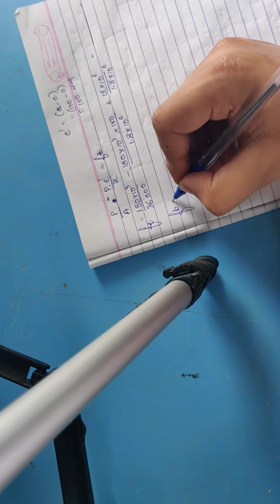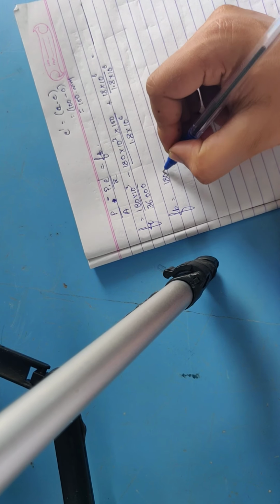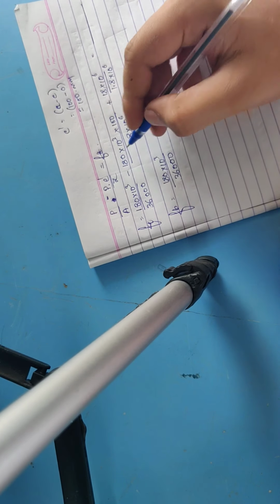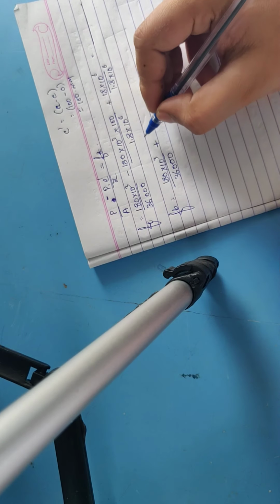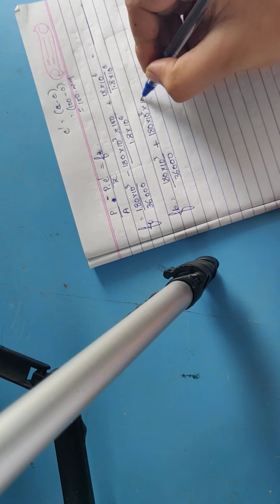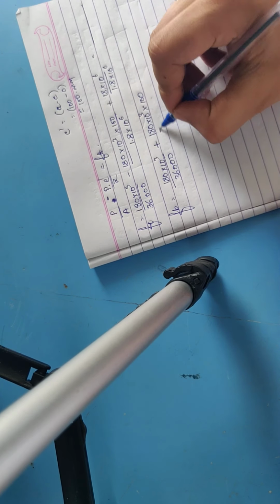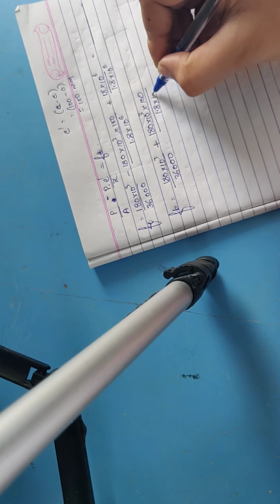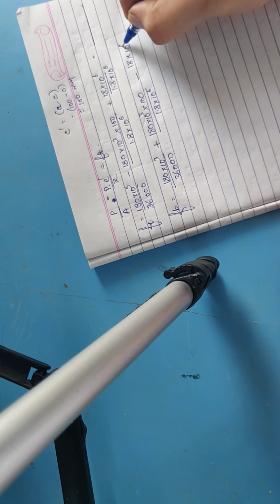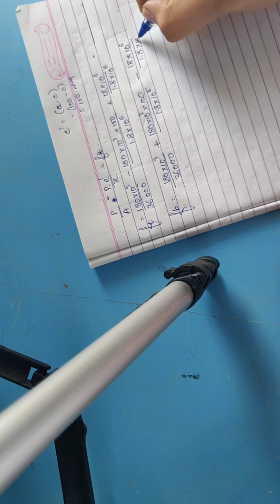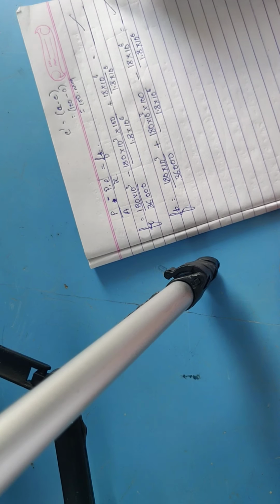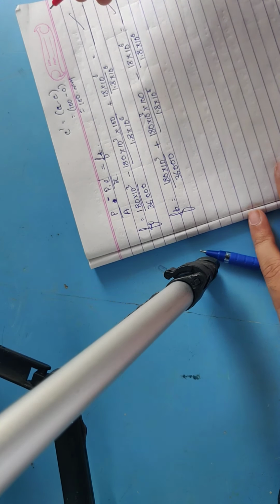For FB it is P upon A, where P value is 180 kilonewton, substitute the value of A, plus P into E dash, where P is 180 into 10 power 3 and E dash is 100 mm, divided by Z 1.8 into 10 power 6, minus M upon Z. If you calculate, you will get the values of FT and FB, that is the resulting thrust.